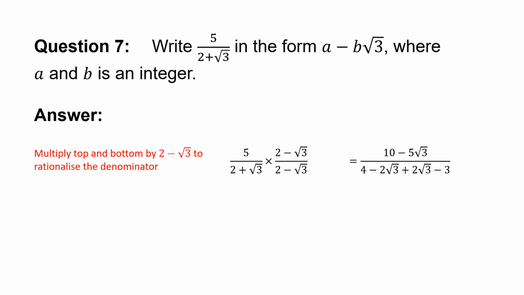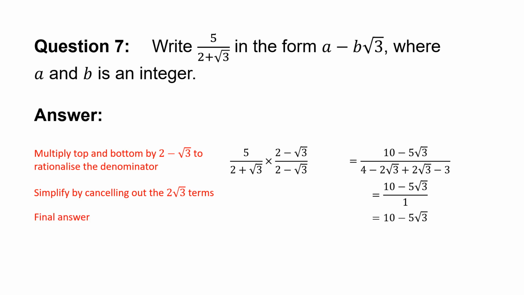When we do this, we get 10 minus 5 root 3 on the top. And on the denominator, we're going to get 4 minus 2 root 3 plus 2 root 3 minus 3. So the middle terms cancel out, and we just get 10 minus 5 root 3 over 1, which is just 10 minus 5 root 3.